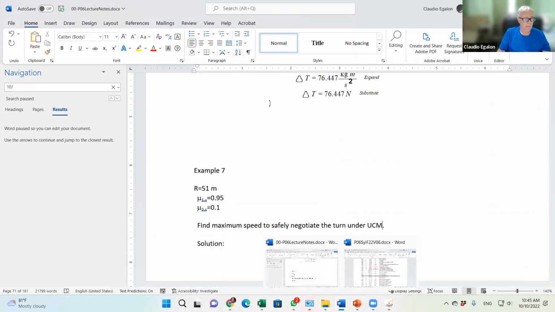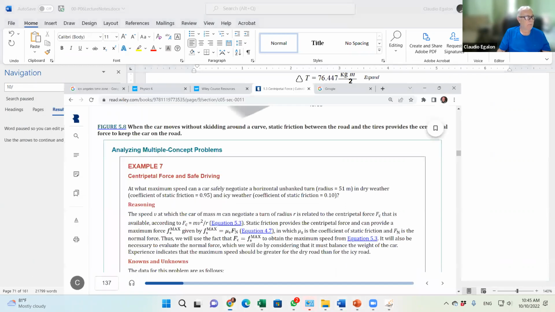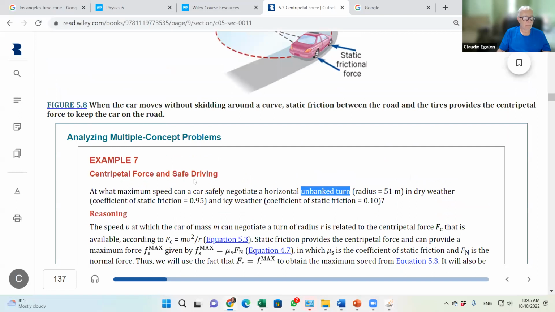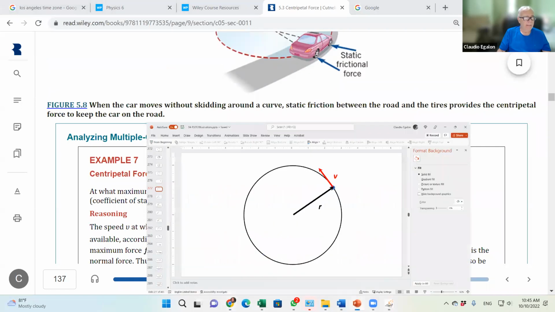They didn't say that, but that's what it's supposed to be. What maximum speed can a car safely negotiate on a horizontal unbanked turn? A banked turn is different, in dry weather and icy roads.